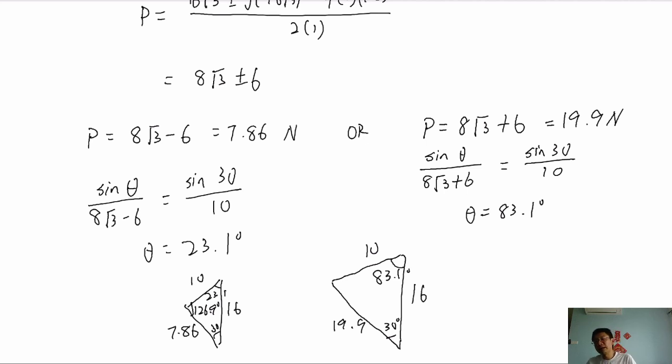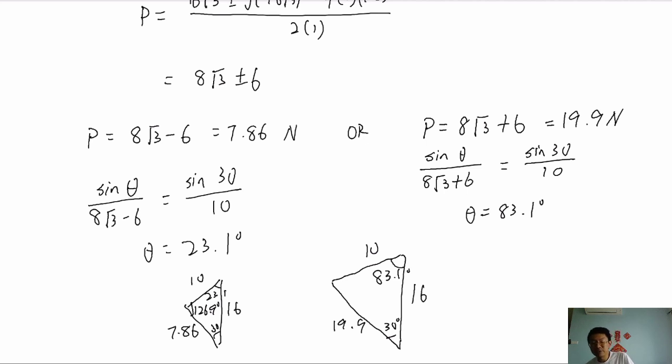By looking at this triangle itself, it is not so logical, because we cannot have a side with a length of 19.9 appearing like this. It's a bit weird, so we cannot take this theta.